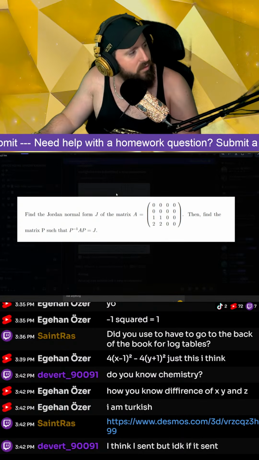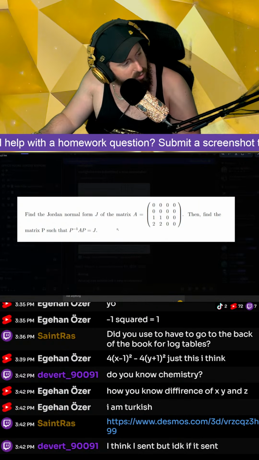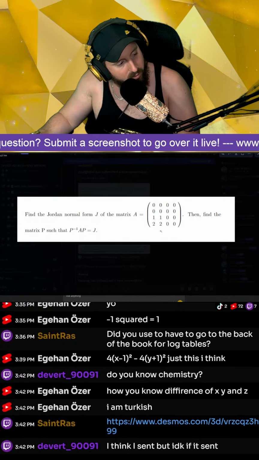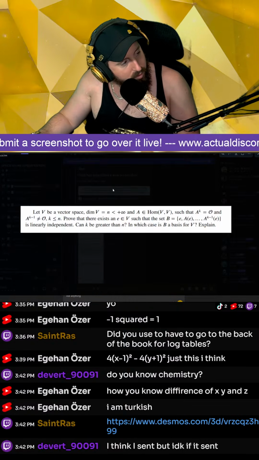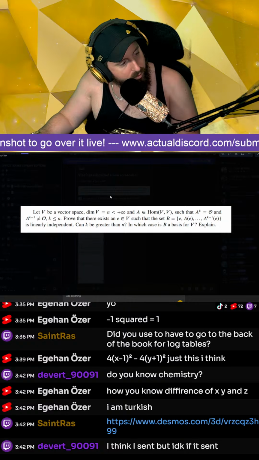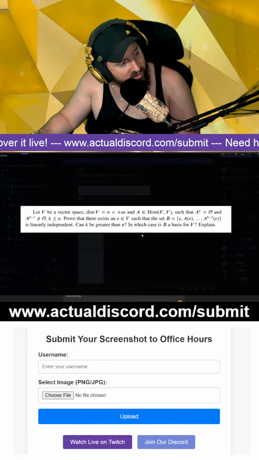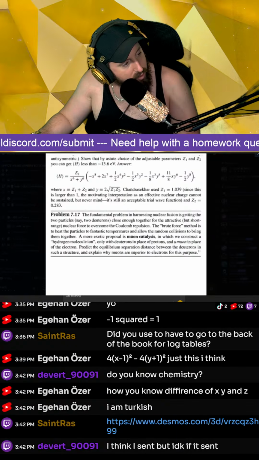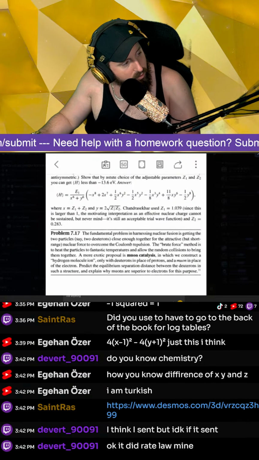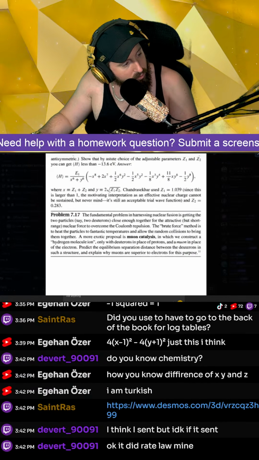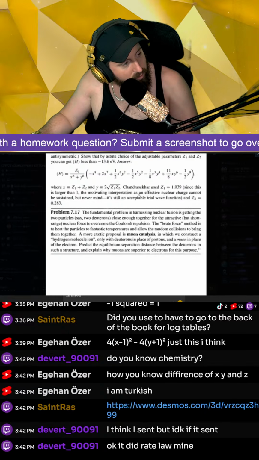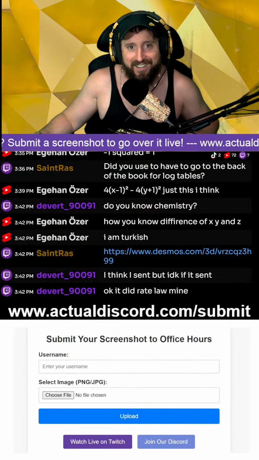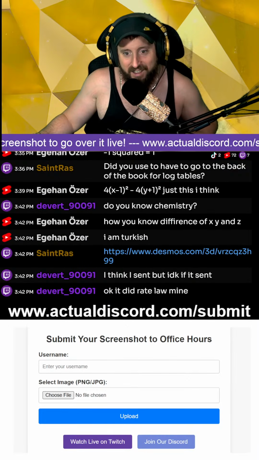And then someone wants... Find the matrix such that... Oh, okay. So this is inverting the matrix, maybe, is what this question is. This one's a little more difficult. This looks like set theory, which I don't know as much of. And then someone here asked something about fusion. I like fusion. That's cool. Very cool. Okay. Yeah, I'll try. I'll try my best. Yeah, the rate law is yours?